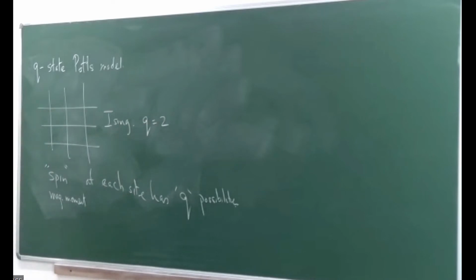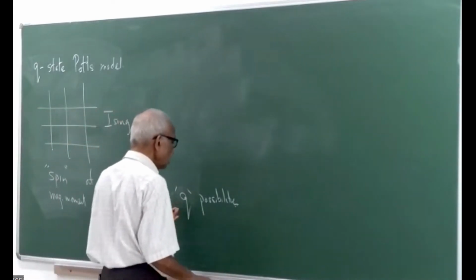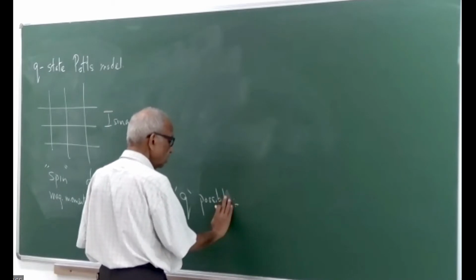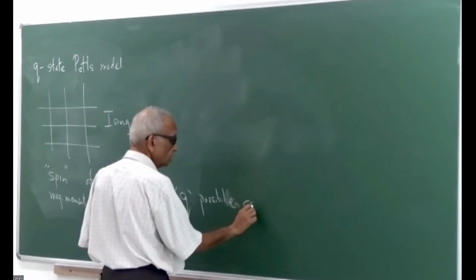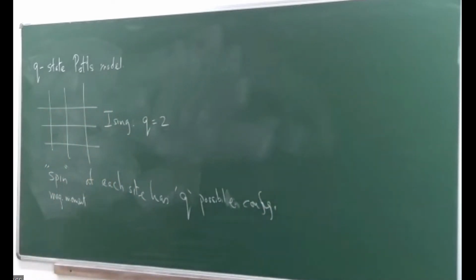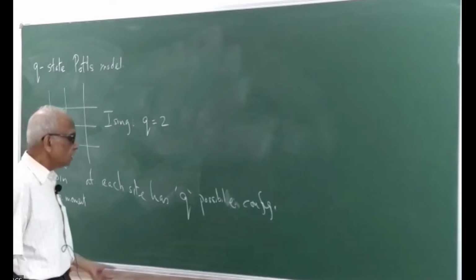The spin could be only up or down. But if I generalize it to Q possible configurations, instead of just 2 configurations, up and down, that gives rise to the Q-state Potts model.